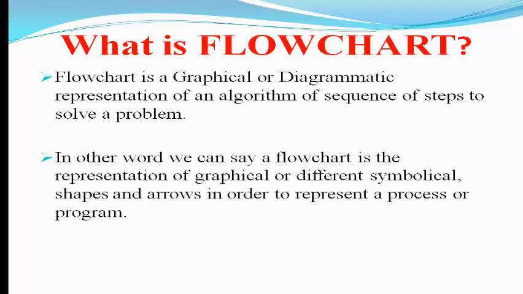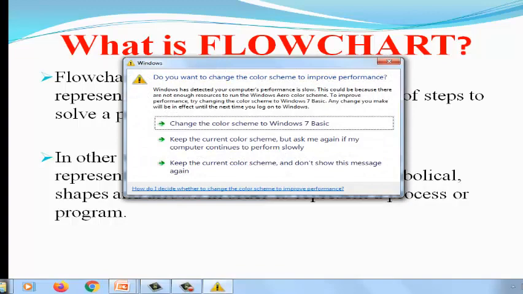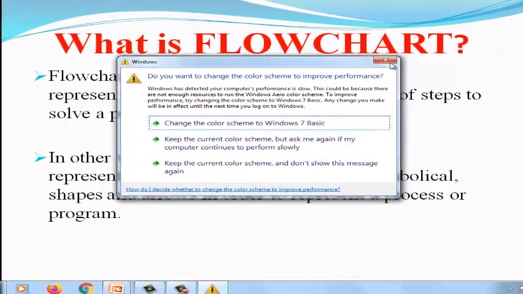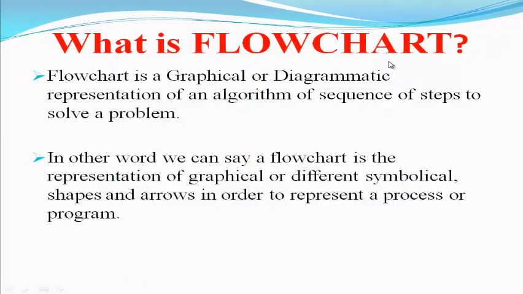A flowchart is a graphical or diagrammatical representation of an algorithm, of a sequence of steps to solve a problem. A flowchart is one kind of graphical or pictorial representation of the flow of a program.